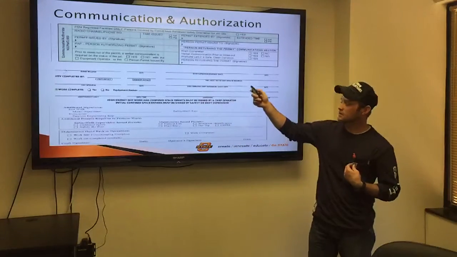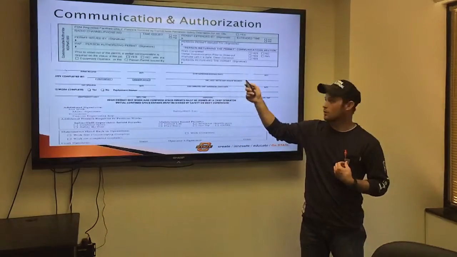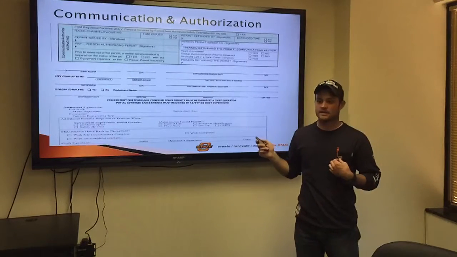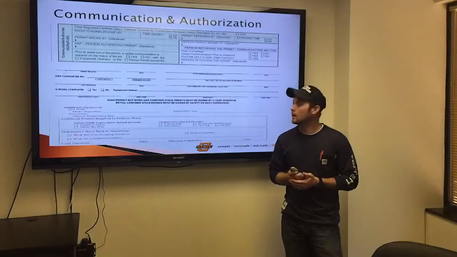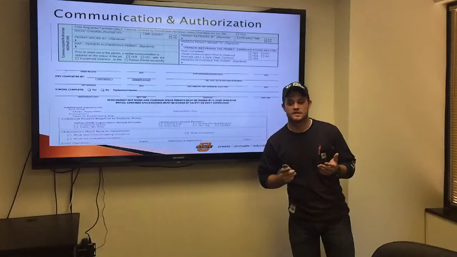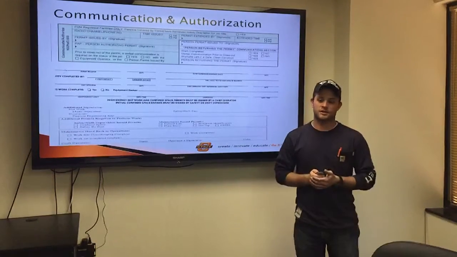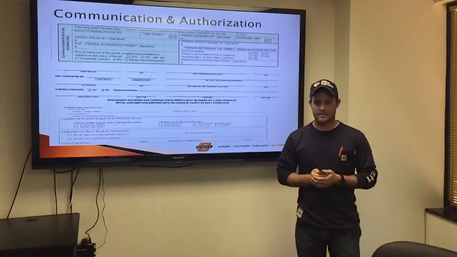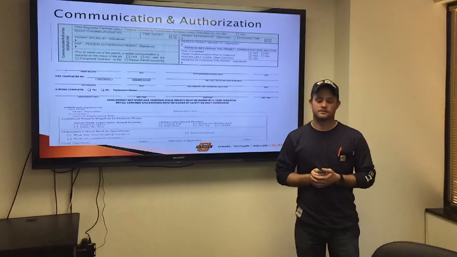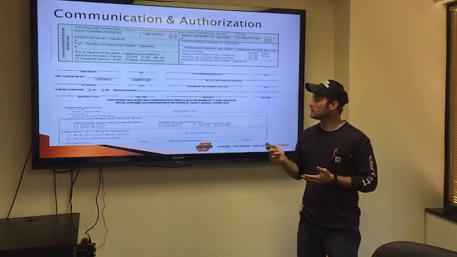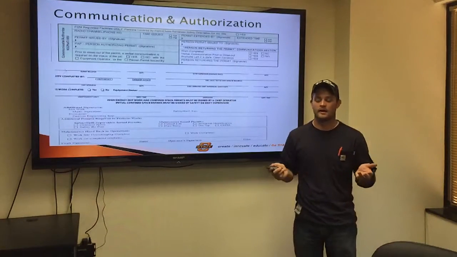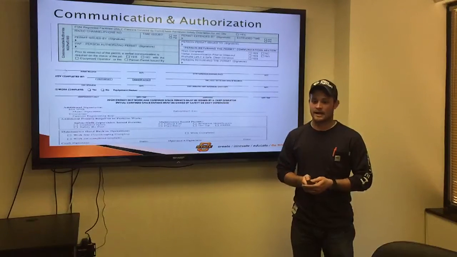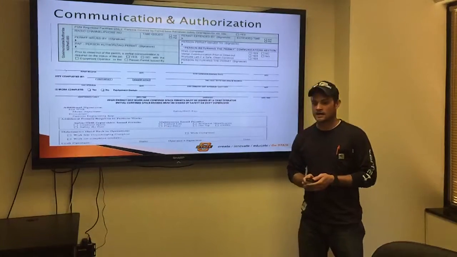Basically, communication is going to be between the permit issuer and the person requesting the permit. Basically, has work been completed or not? And then authorization is going to consist of a signature of the issuer that means that all of the sections on the permit have been complied with, training has been completed if needed, hazards have been eliminated or mitigated as necessary.